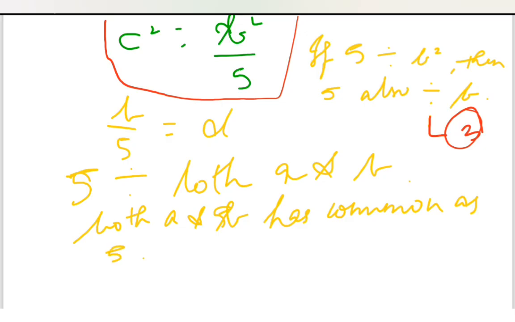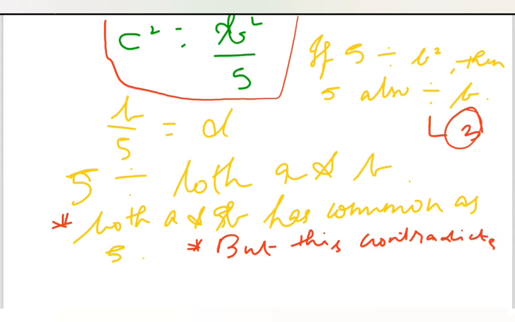So the next statement would be: but this contradicts that root 5 is rational. Earlier, we said that root 5 is rational by contradiction.